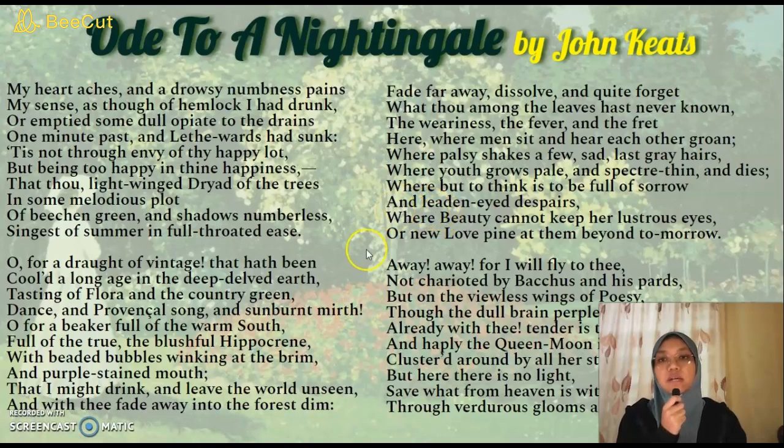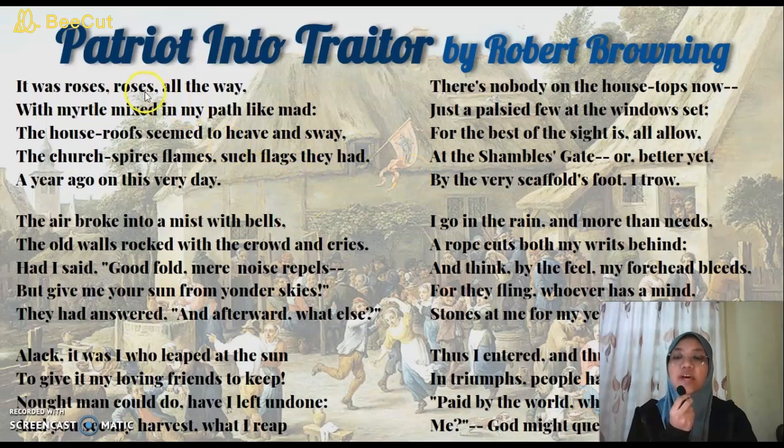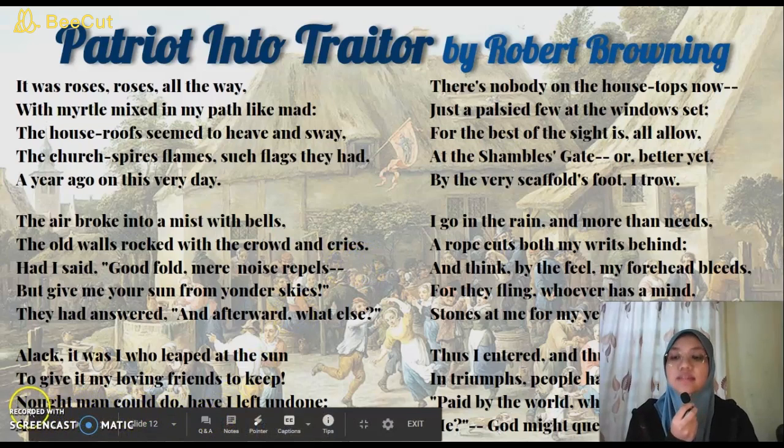Okay, so my group will be analyzing 3 poems. For the first poem, we have a poem by John Keats, Ode to a Nightingale. Basically, this poem is about the transience of life and the tragedy of old age. For the second poem, we have Patriot into Traitor by Robert Browning. This poem is a tragic poem which focuses on the turmoil of leaders in politics.